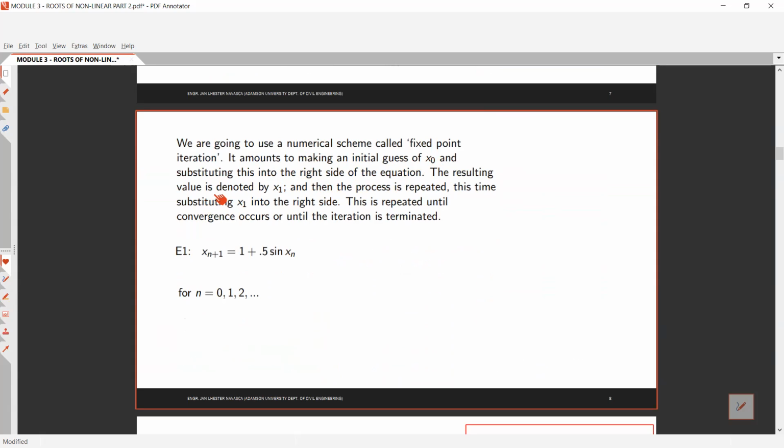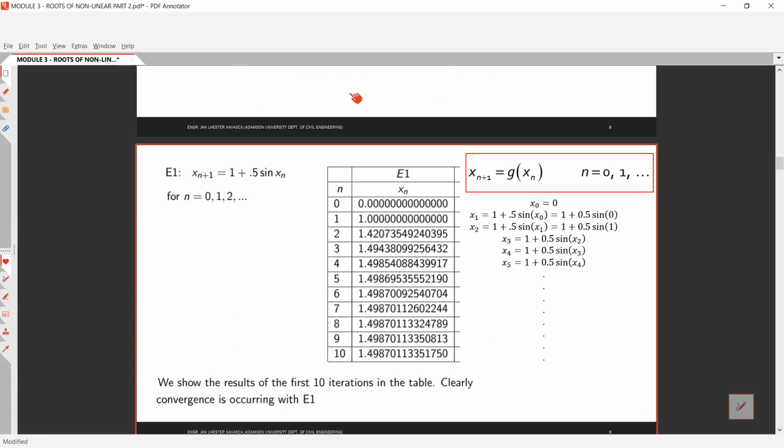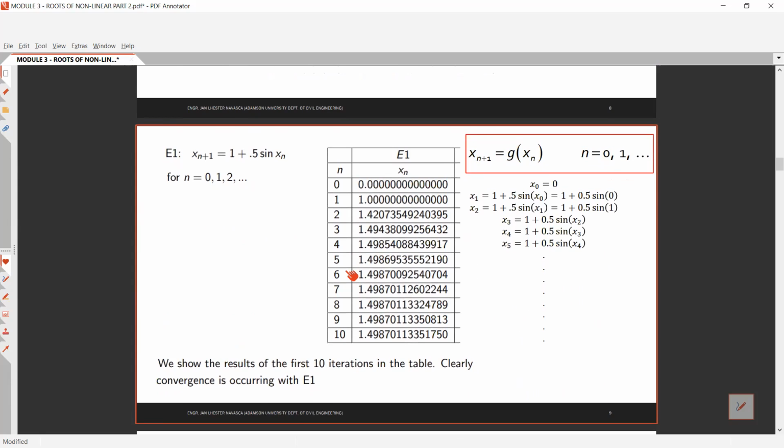The resulting value is denoted by x sub 1, and the process is repeated until the values converge to a point, meaning they no longer change. Since our iteration scheme is x equals 1 plus 0.5 sine x, you just substitute values. Our first guess, x sub 0, is equal to 0.